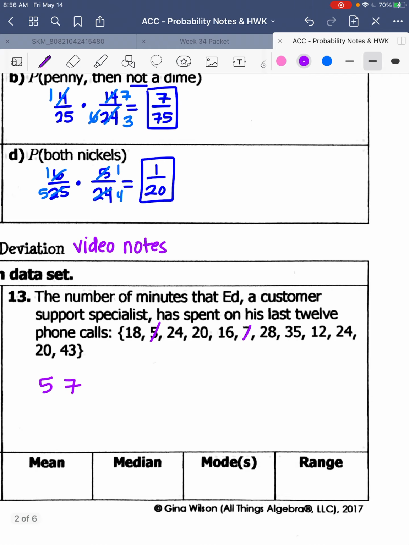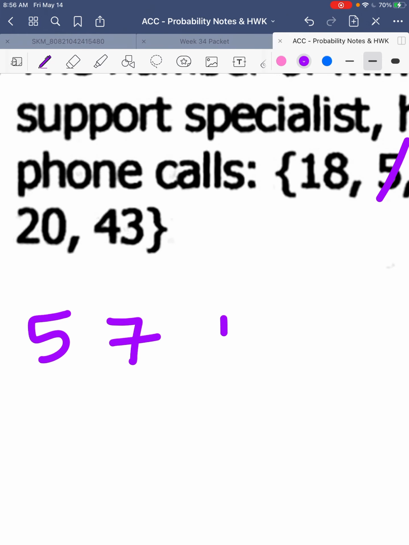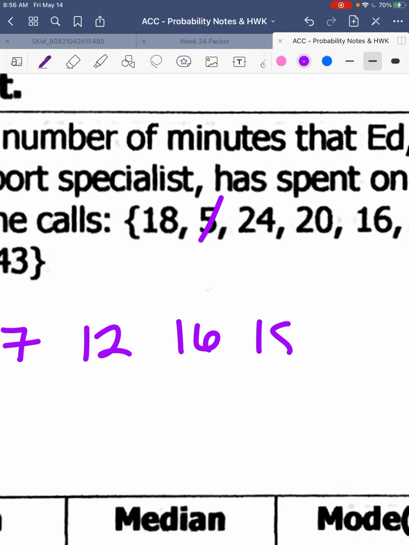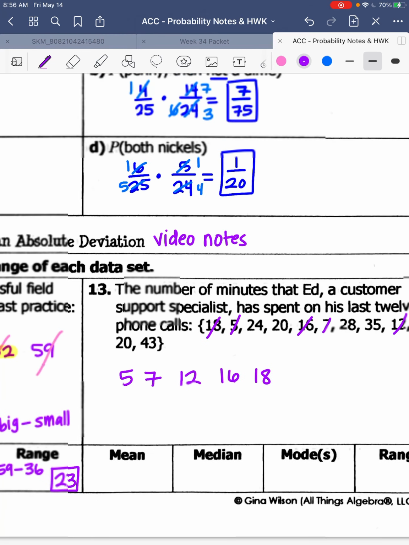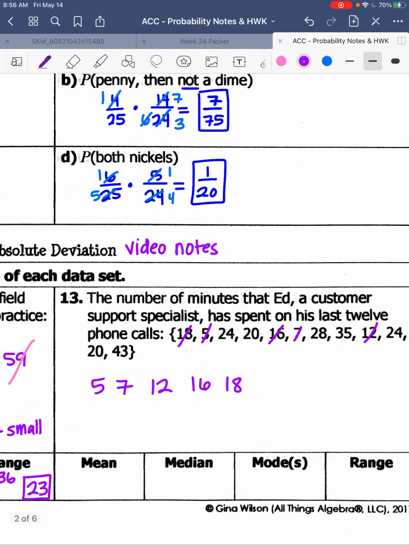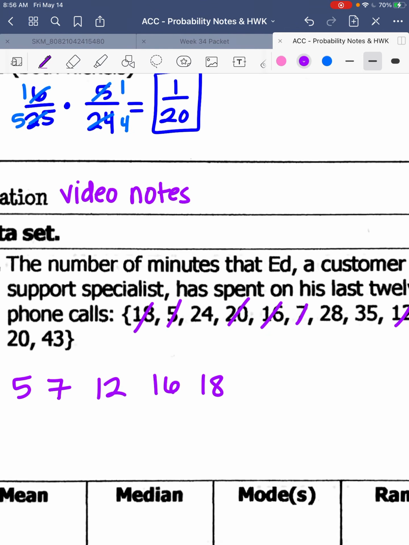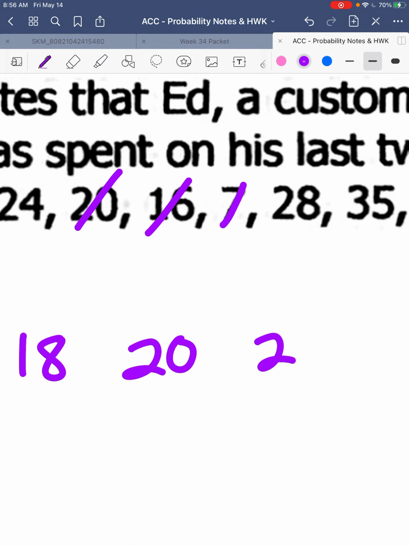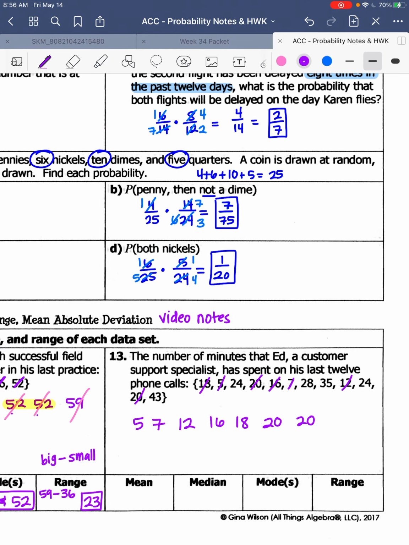Then the next number that I see is a 12. So after 12, 16 followed by 18. Okay, after 18, I see a couple of 20s, two 20s, right? Okay, after 20, I see two 24s.